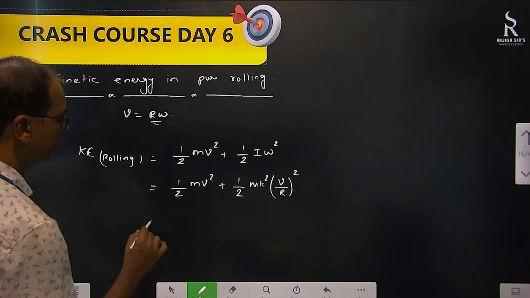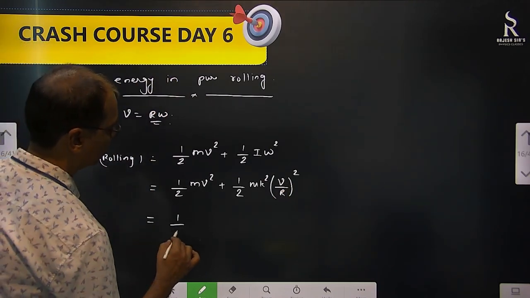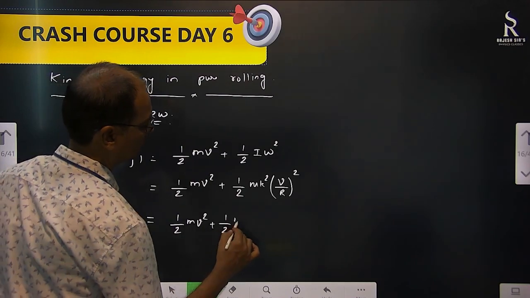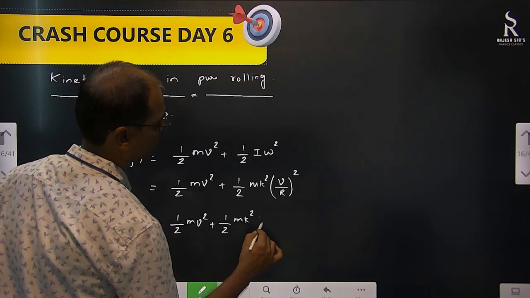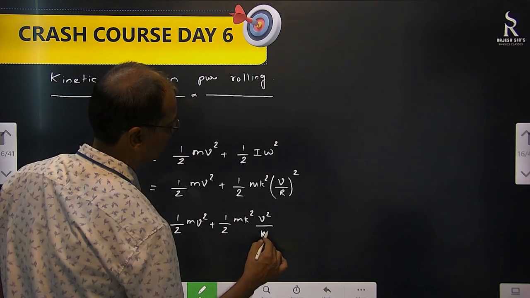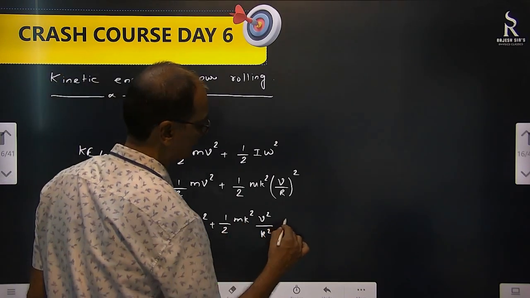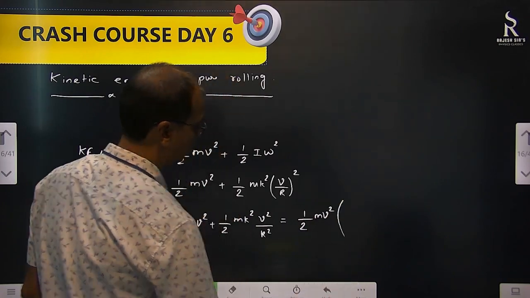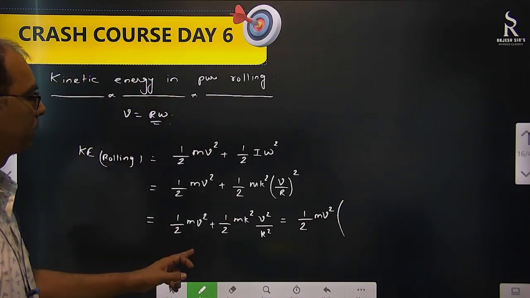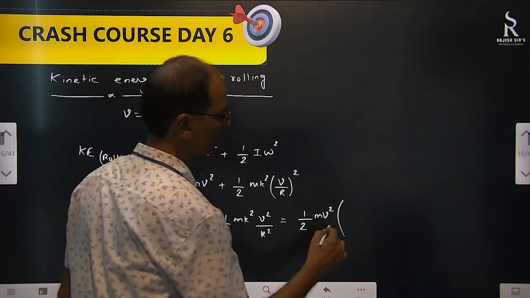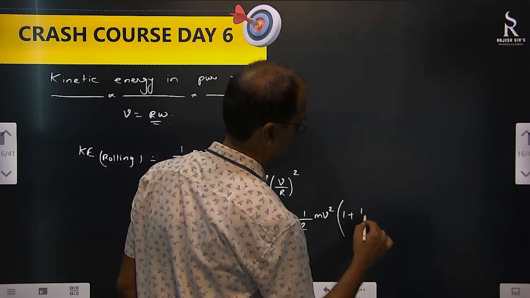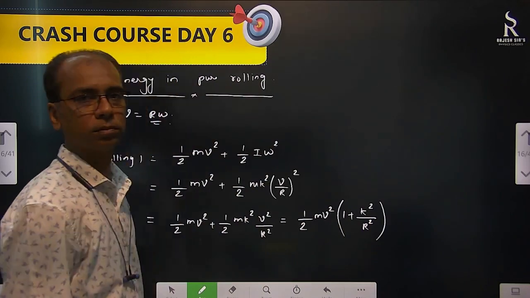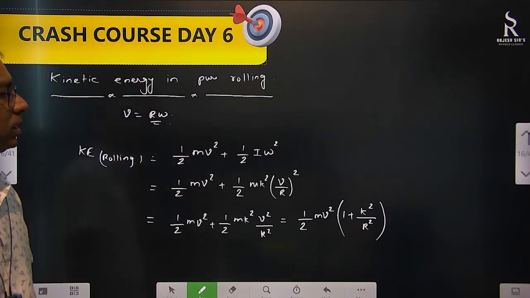So what we are getting? Half mv square plus half mk square v square by r square. So take half mv square common. Then we have 1 plus k square by r square.